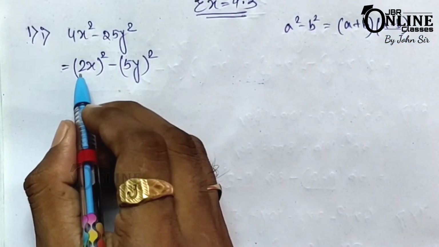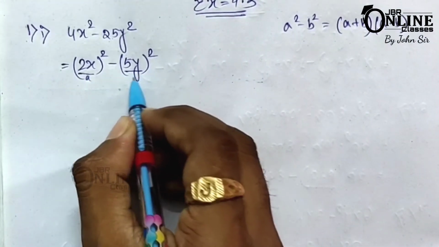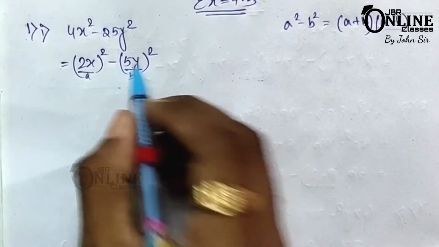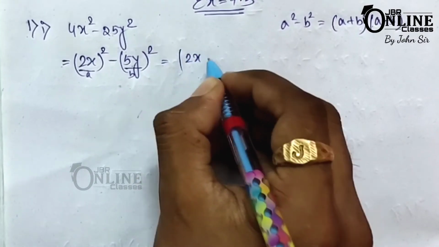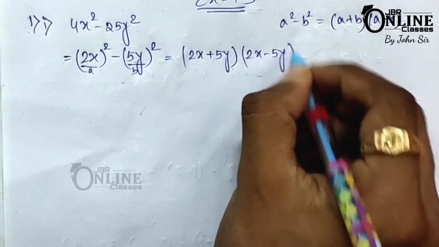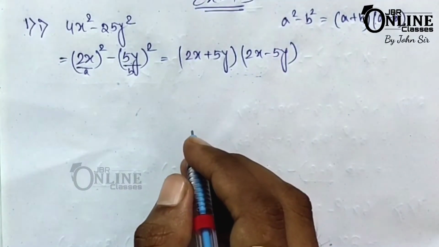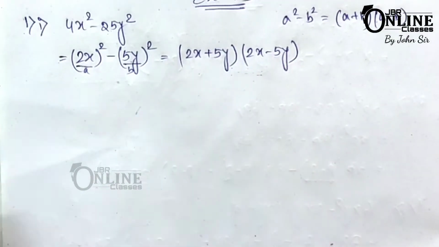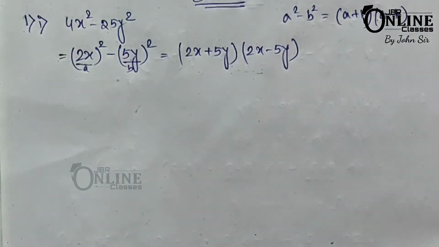Here 2x is a and 5y is b. That means a square minus b square. So the answer will be (2x plus 5y) and then (2x minus 5y). That is the answer.